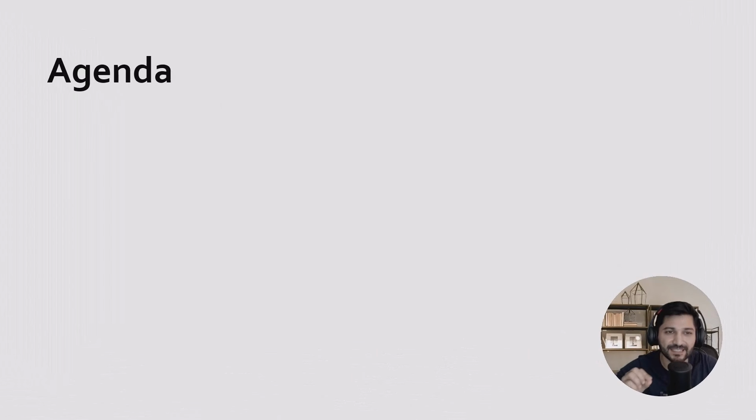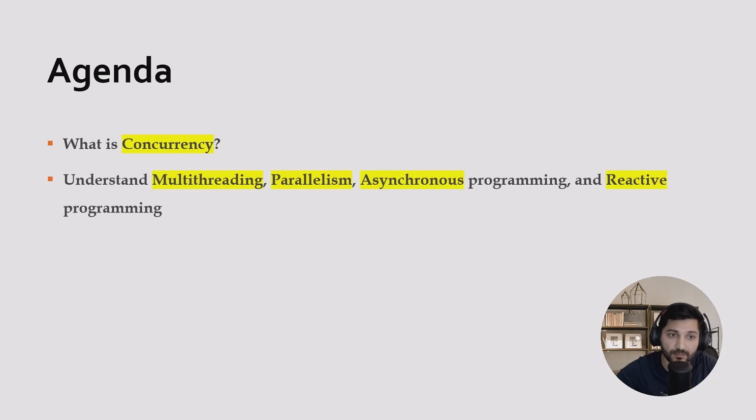Before diving into details, let's check what we have in our agenda. We're going to talk a lot about concurrency. We're going to learn the types of concurrency like multithreading, parallel programming, asynchronous programming, and reactive programming. At the end, you will understand what is multithreading, what is parallel programming, what is asynchronous programming, and the differences between these concurrent types.